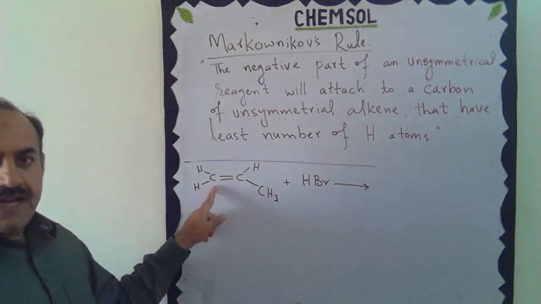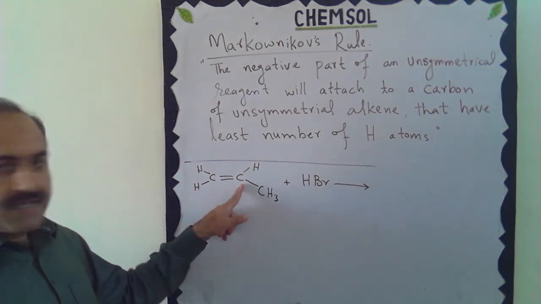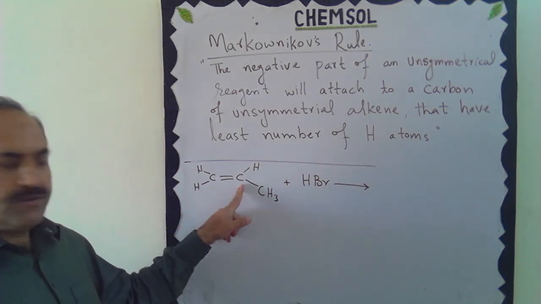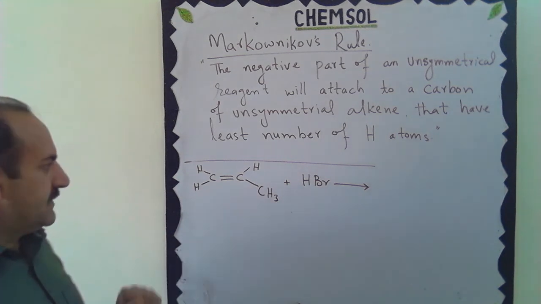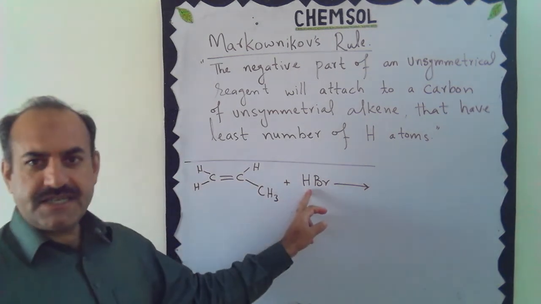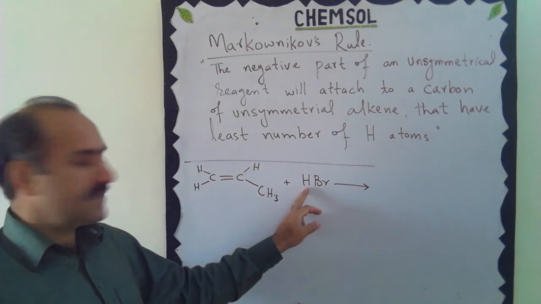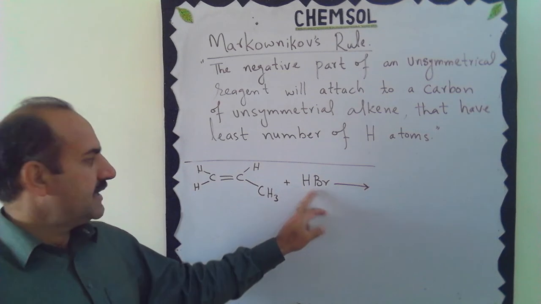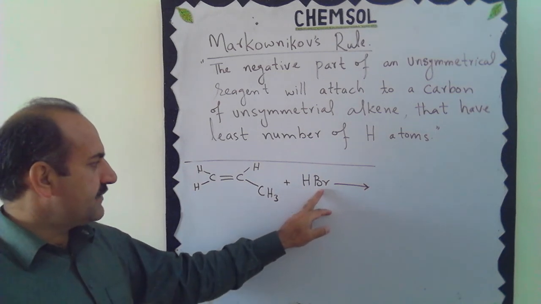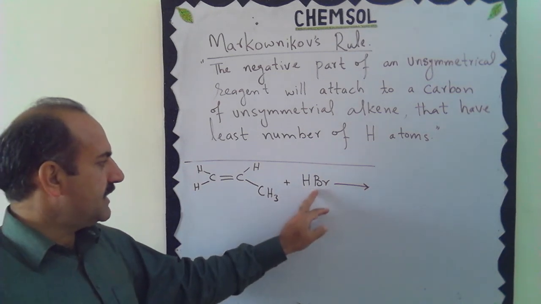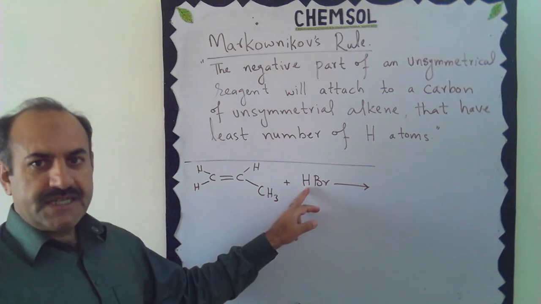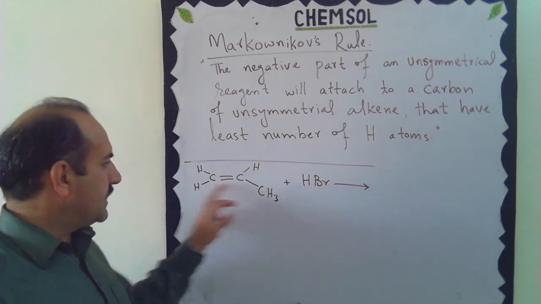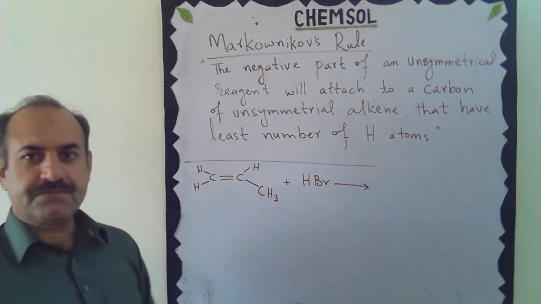Here there are two hydrogen atoms, but on this carbon there is only one hydrogen atom. This is called an unsymmetrical alkene. Similarly, our reagent is unsymmetrical because hydrogen is partial positive and bromine is partial negative. It is called an unsymmetrical reagent. Where will this hydrogen be attached? Either with this carbon or with this carbon.